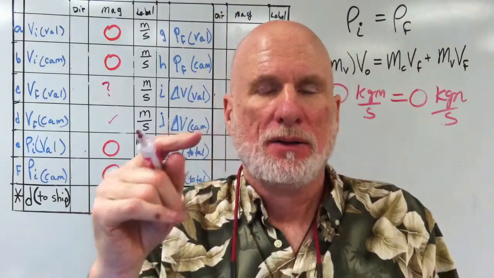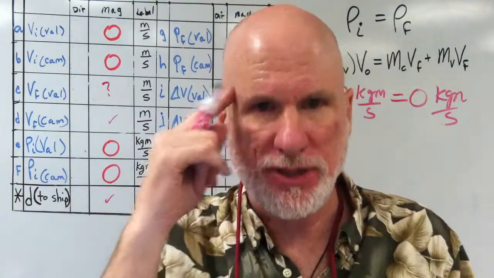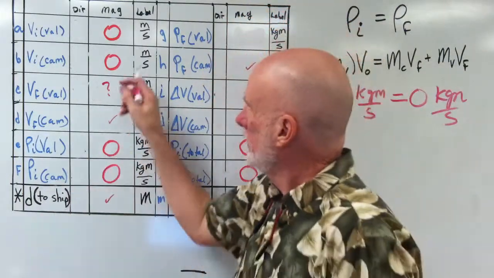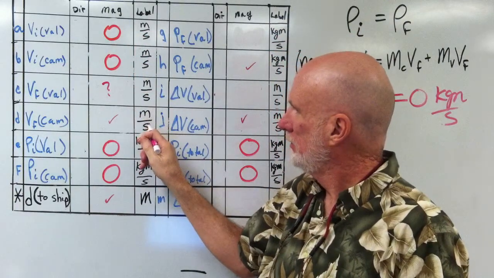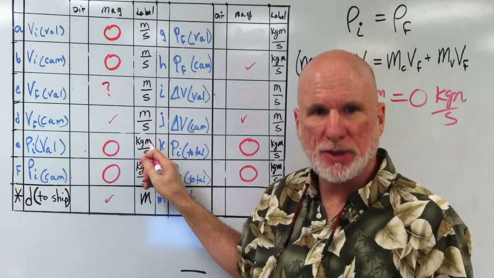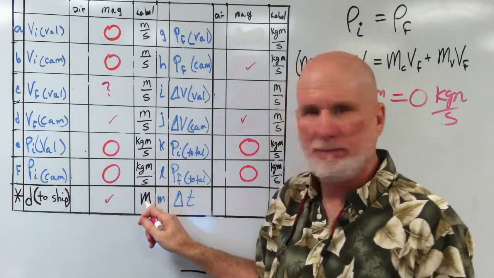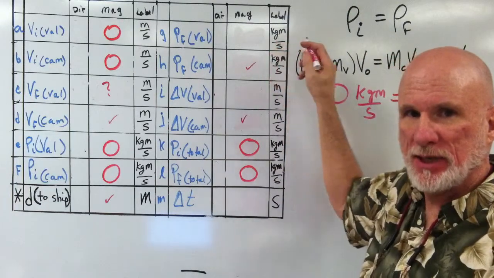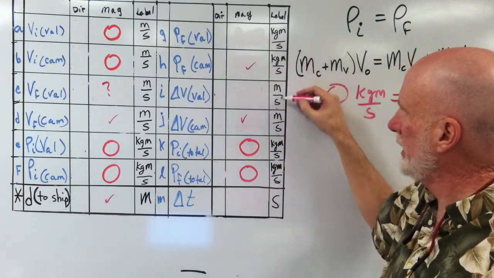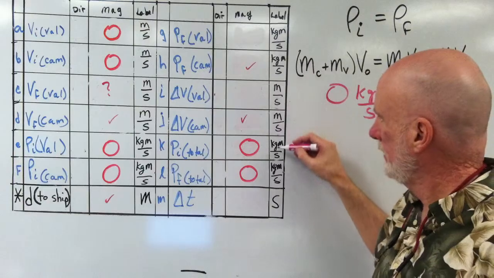Now, I started to talk about it. Let me just, real quick. Meters is distance. Meters per second is velocity.